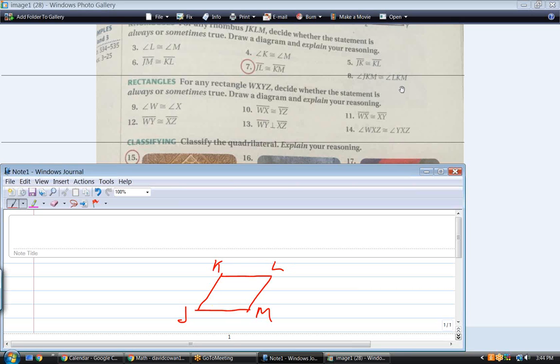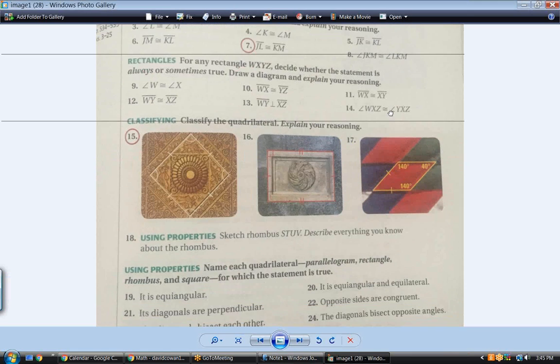So, to me, I think that's the only choices for labeling it. When they tell you it's a rhombus JKLM, I don't believe I can go clockwise or counterclockwise, but I don't think there's any other way to label it, which makes question number 8 nonsensical. Unless I'm missing something.